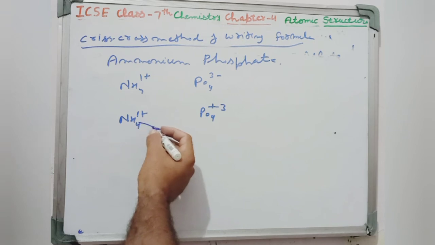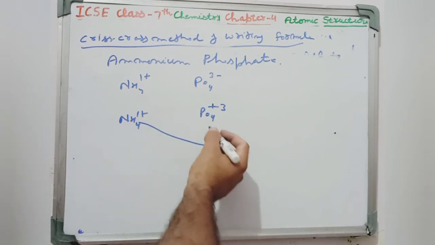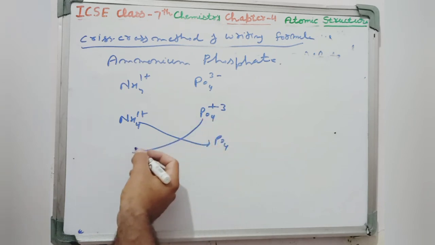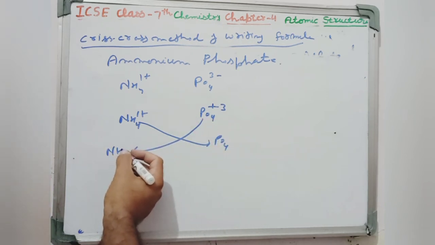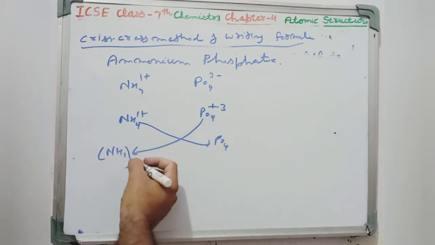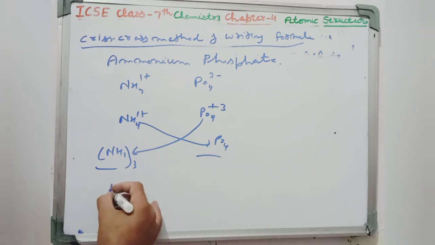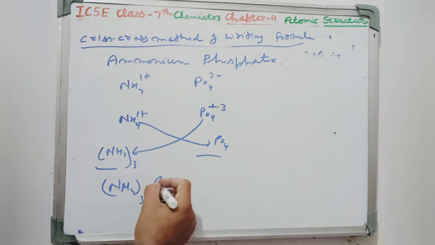Now this will become PO4 1, no need to write 1, and this will become NH4 with 3. Now we can combine it: (NH4)3PO4.